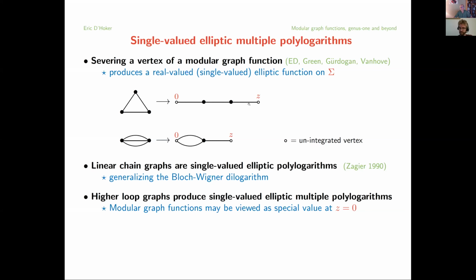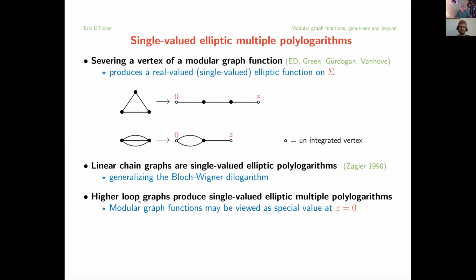Now this object is single valued in Z by construction because it's constructed out of Green's functions. So from modular graph functions, by suitably cutting, you can actually construct single valued elliptic functions. So these linear chains are well known. They were introduced by Zagier 30 years ago, and they generalize the Bloch-Wigner dilogarithm.